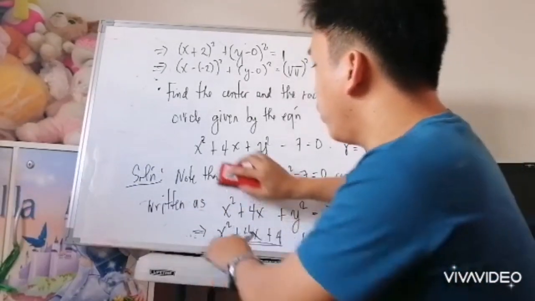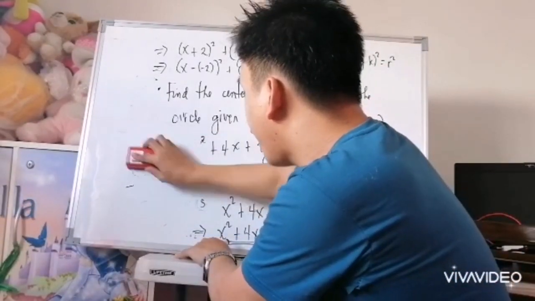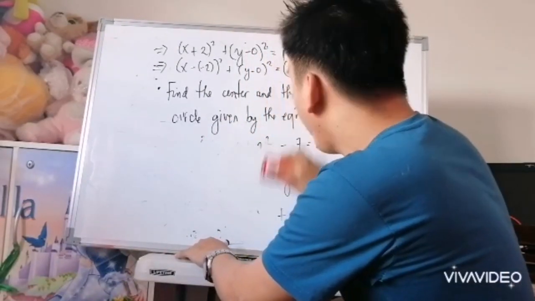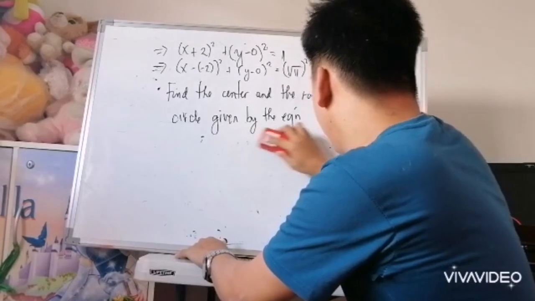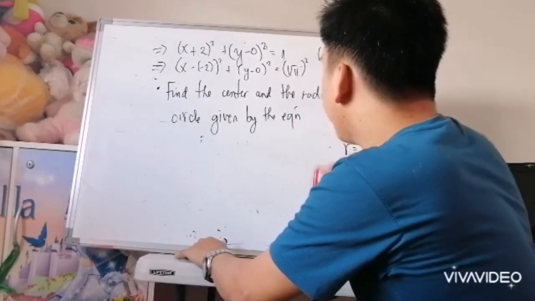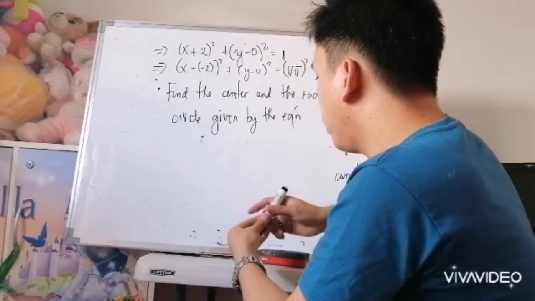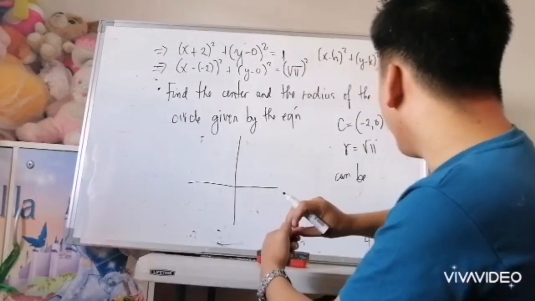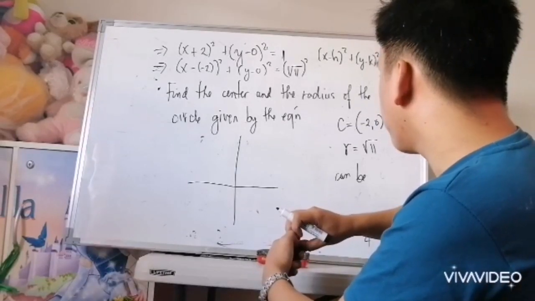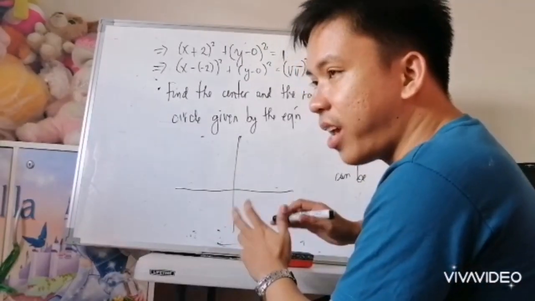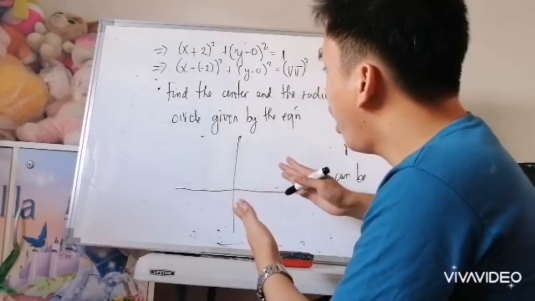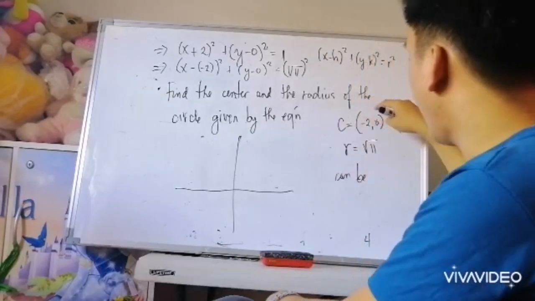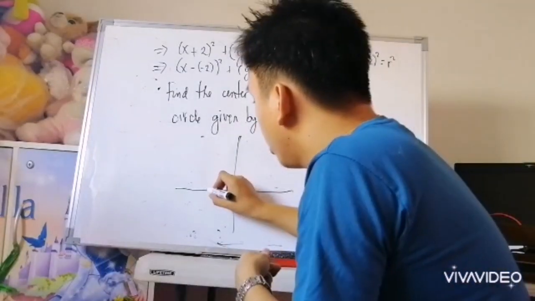So in order for us to graph that, I'll just give you a hint, since I don't have a graphing paper or a graphing board here. I'll just show you how to create that one. So I'll just plot the point (negative 2, 0) here.